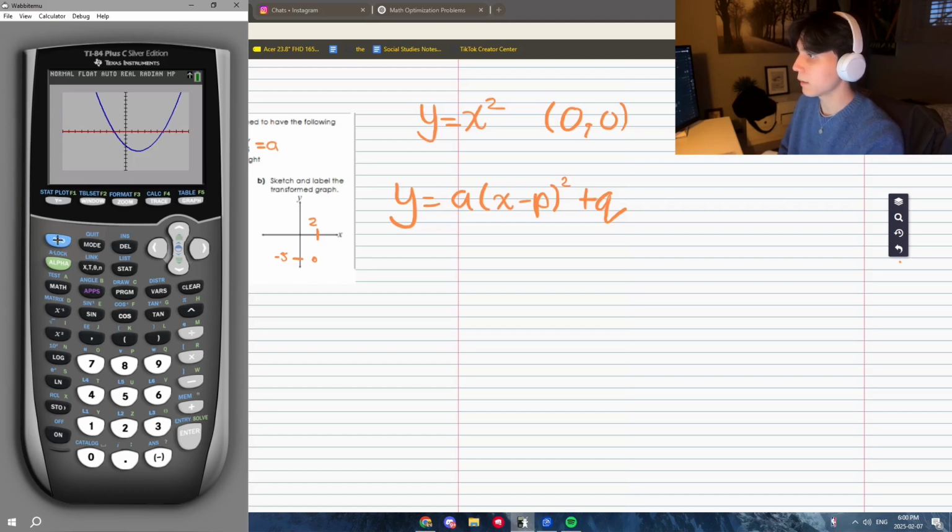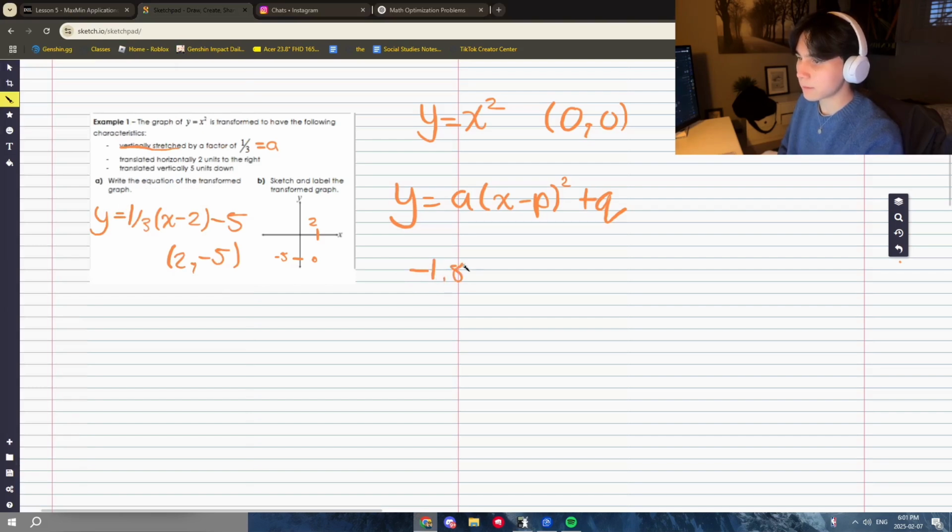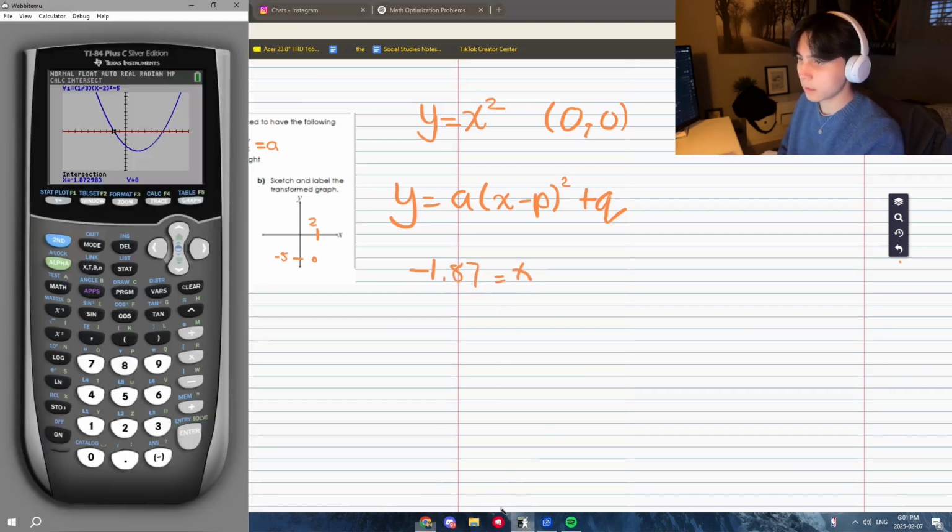So you just put your y2 as 0, and then you go second trace, intersect, and then you hover over the point on the graph where the intersection is, and you get x equals negative 1.87. And you want to find the other one too so we can graph this, so I will just do that. And you should get here 5.87.